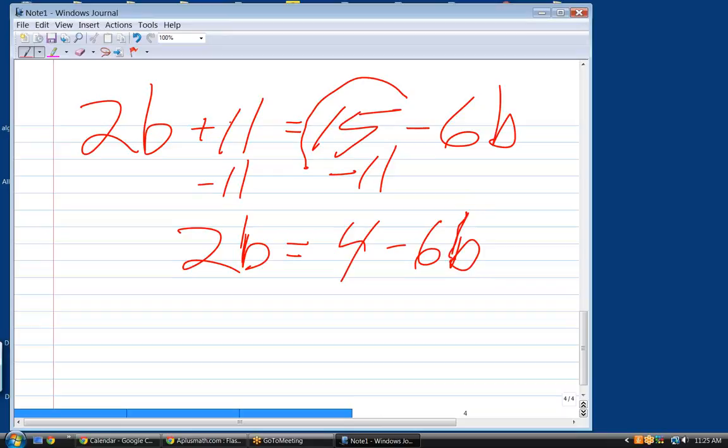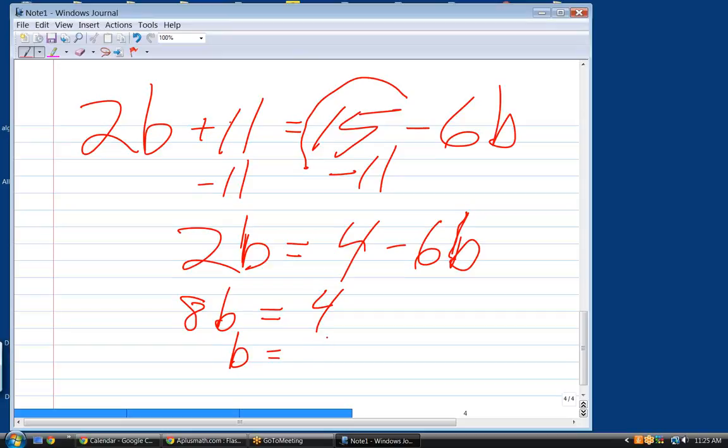Plus 6b to both sides. What's the next line after I do that? Then it would be 8b equals 4. Okay. Next line? b equals 4 divided by 8.